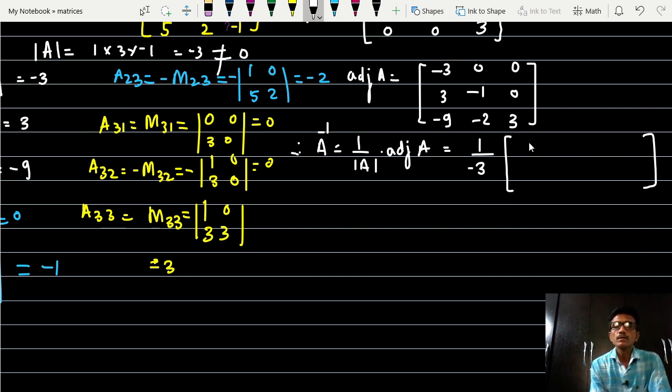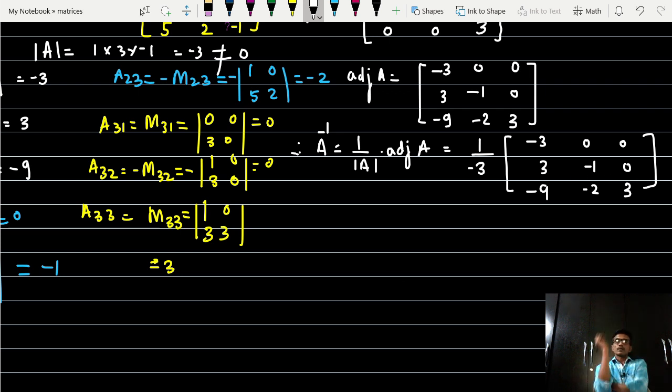The adjoint is: minus 3, 0, 0, 3, minus 1, 0, minus 9, minus 2 and 3. This is the inverse of a matrix. This is the inverse of a matrix by the adjoint method.